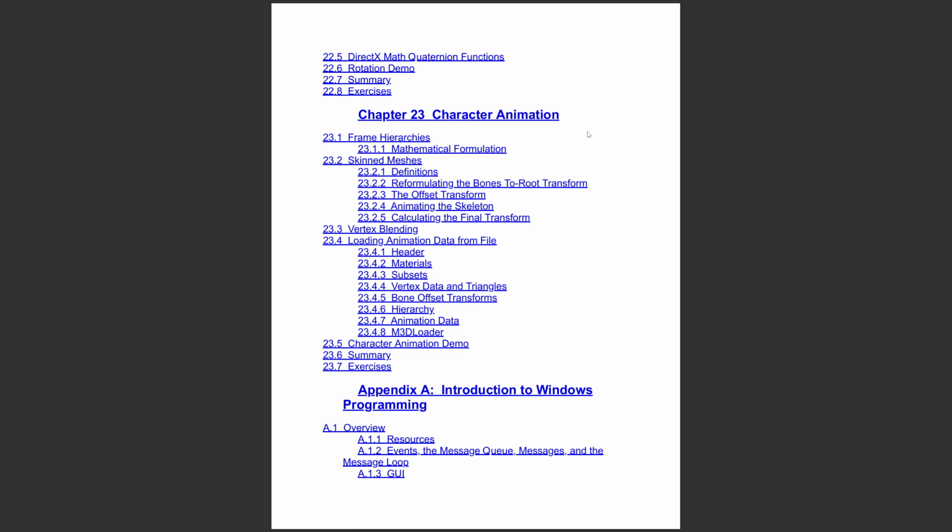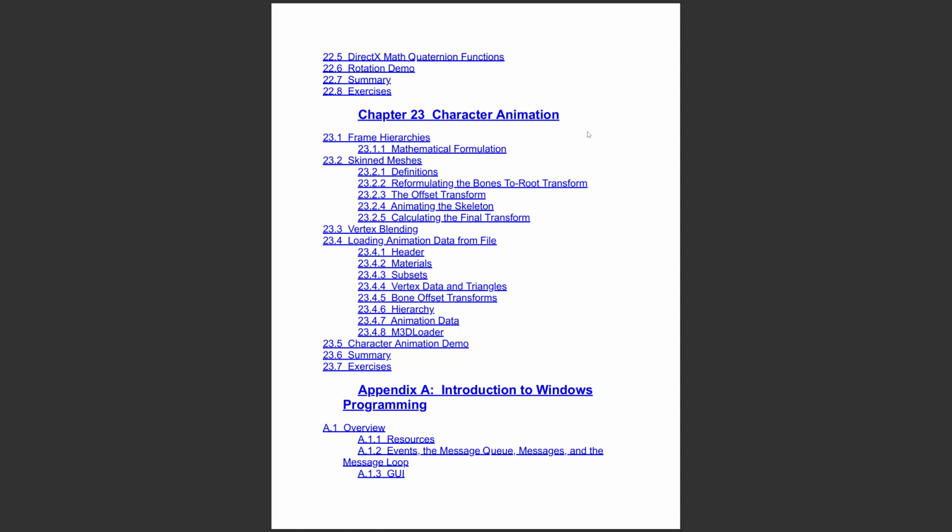We have the definitions of a skinned mesh, and then reformulating the bones to root transformation, as well as talking about an offset transform, and animating the skeleton, and calculating the final transform, and where we talk about vertex blending, and loading animation data from file.